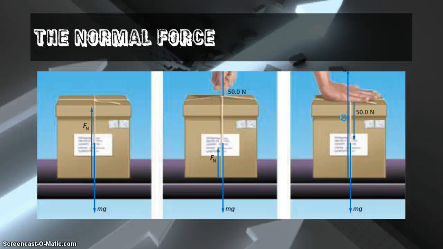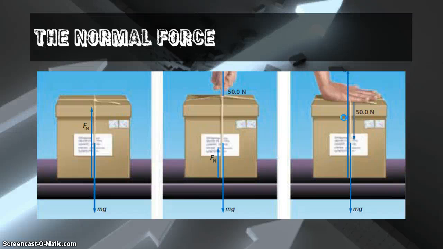The table and your hand are just objects. Just because one is living and one's not doesn't mean the laws of physics are going to change. The table doesn't have a feeling, but you can kind of think that the table feels less force if you're pulling up on it. And then the converse is true if you look at the right picture and you push down with 50 newtons. Now the table has to support the weight of the box and the force you're pushing down on the box.